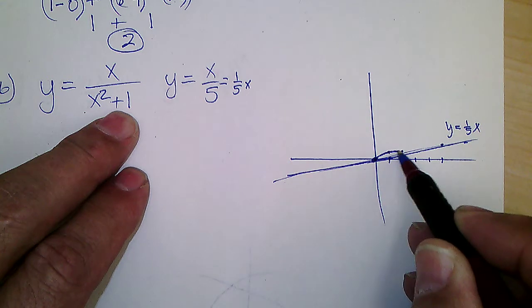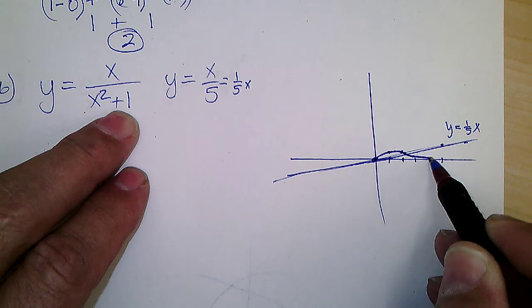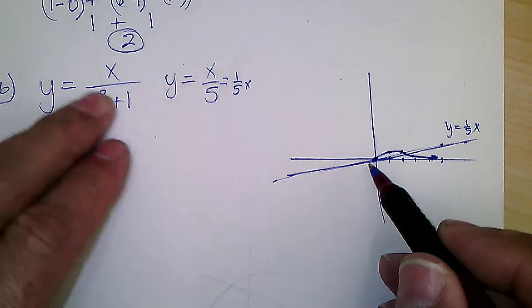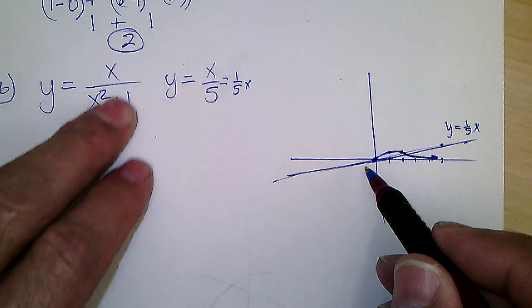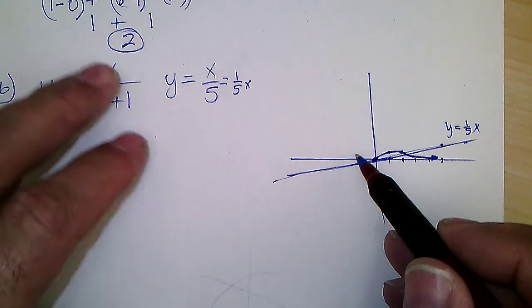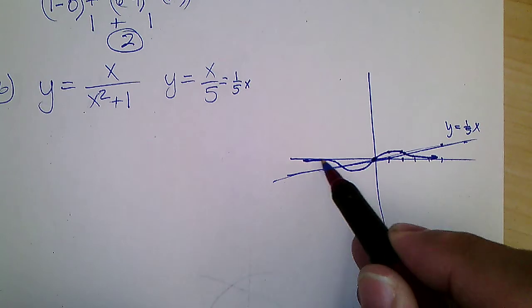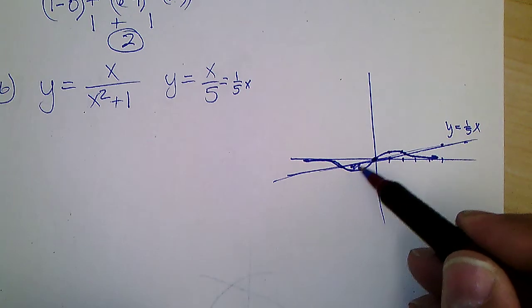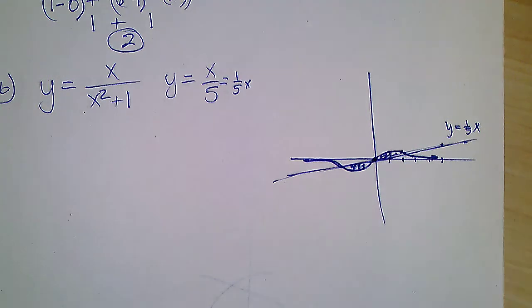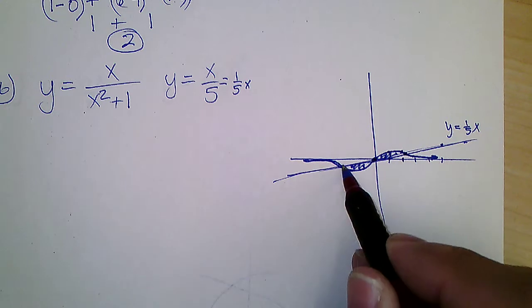So this goes something like this, and then it's going to come down and get closer and closer to 0. And then when I put negatives in, the denominator is going to do the same kind of thing. The numerator is just going to be the negative of it. So it's just going to do something like this. So the area between is going to be that and that. And so they intersect at 0, and they also intersect out there and there.